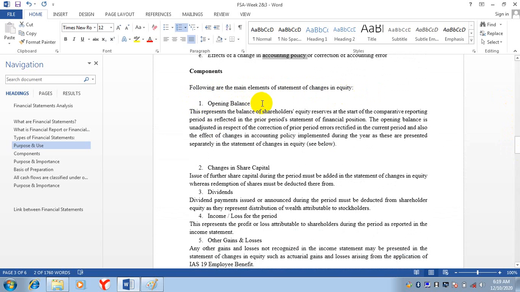The first component is opening balance. What does opening balance mean? This represents the balance of shareholders' equity and reserves at the start of the comparative reporting period, as reflected in the prior period statement of financial position.